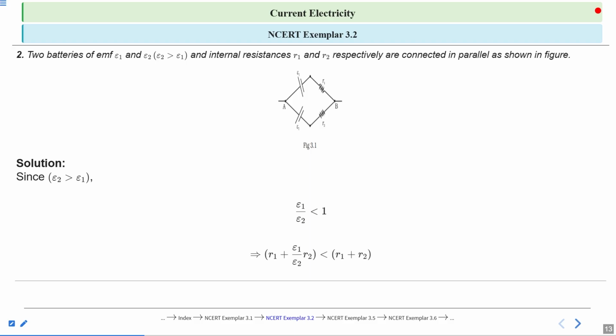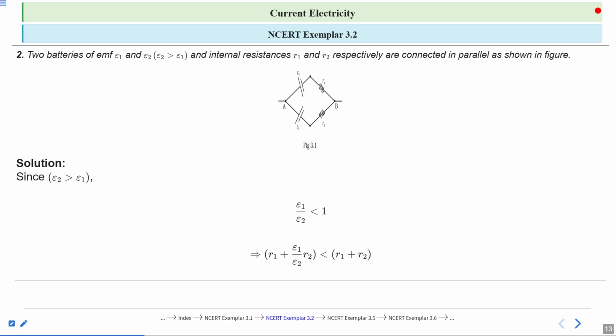So from the equation in the previous slide, R1 plus epsilon 1 upon epsilon 2 R2. Since epsilon 1 upon epsilon 2 is less than 1, the term epsilon 1 upon epsilon 2 R2 on the left hand side of the inequality will be less than R2.